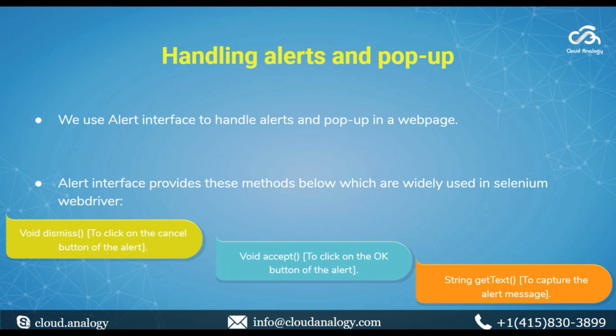So in order to handle them, Selenium provides us with some interfaces. One of them is the Alert interface, which will allow us to handle the alerts which pop up during a UI automation. So this is how you deal with alerts and pop-ups in Selenium.